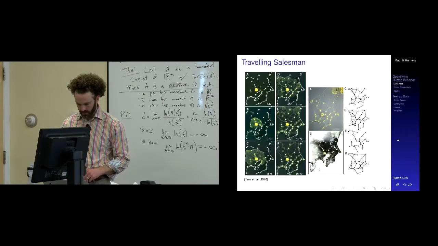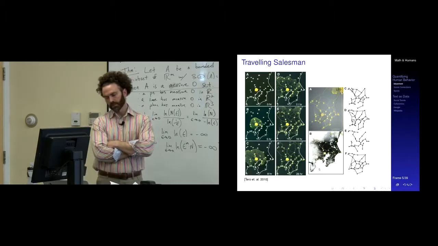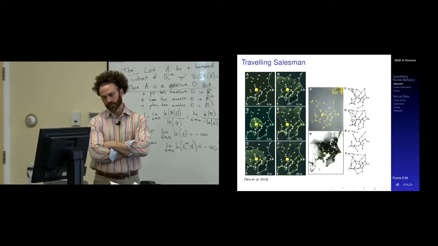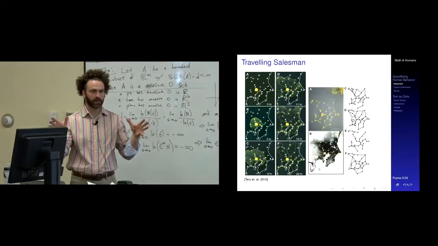How many of you have heard of the traveling salesman problem? Okay. This is a problem in computer science and math that people have been talking about for a long time, trying to find good algorithms to solve it. Basically, the concept is somebody's got to visit a lot of places, and you want to find the best way to do it.